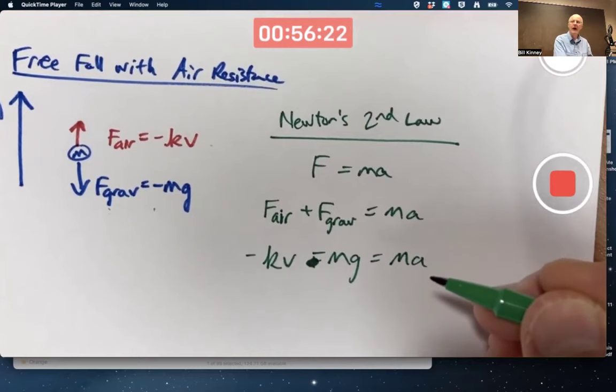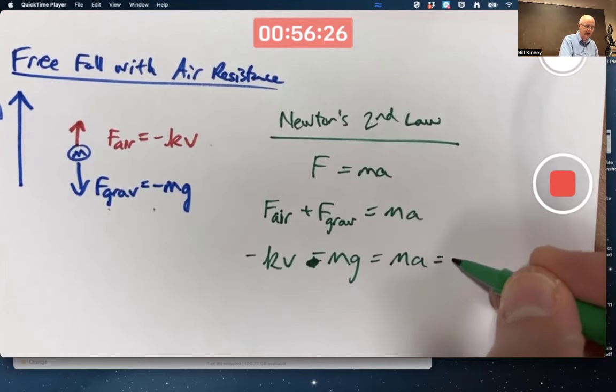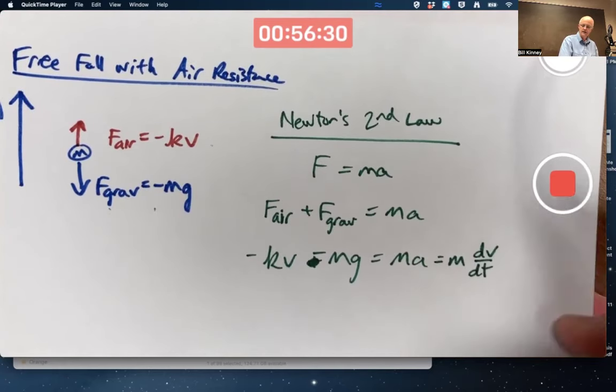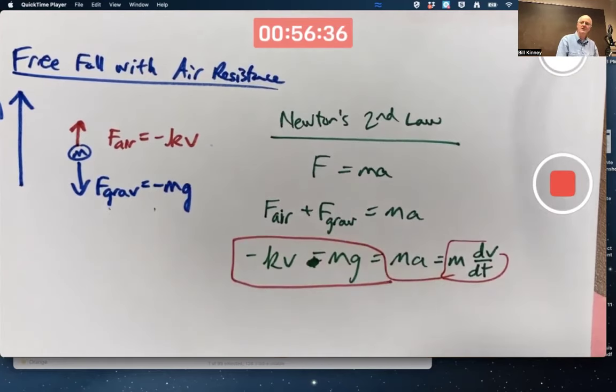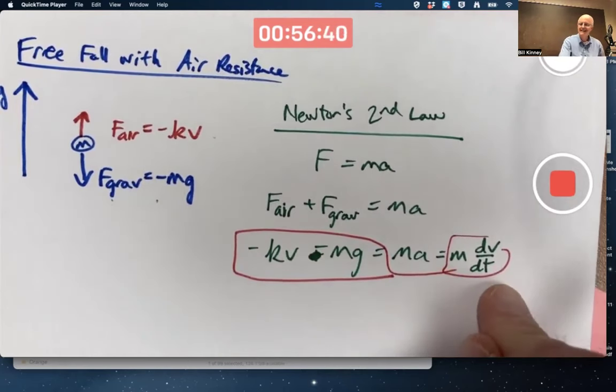Where's my differential equation? This is a differential equation in disguise because a, by definition, is dv dt. So this equality between this thing and that is your first order differential equation for the velocity. It involves the first derivative of velocity.